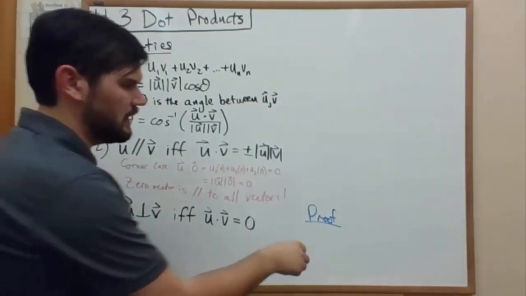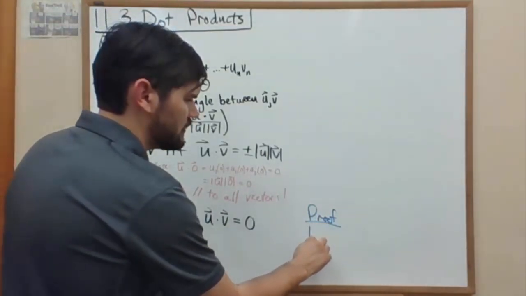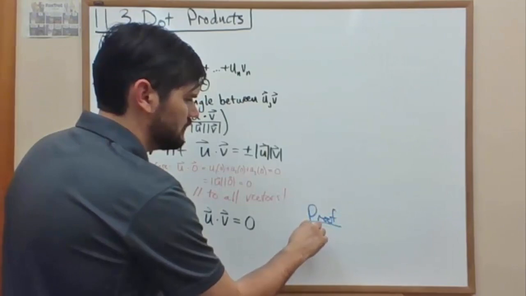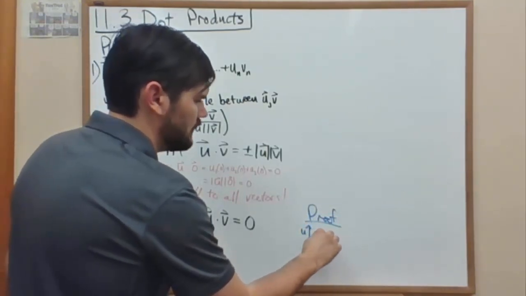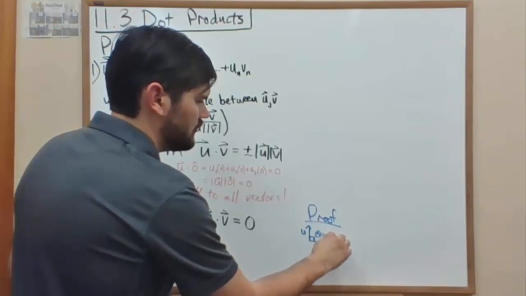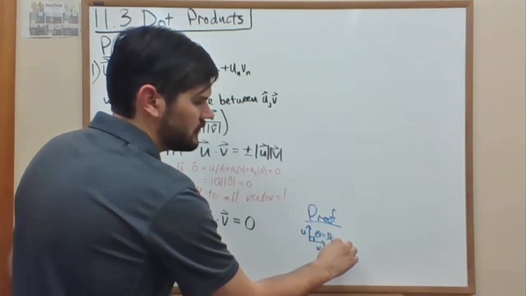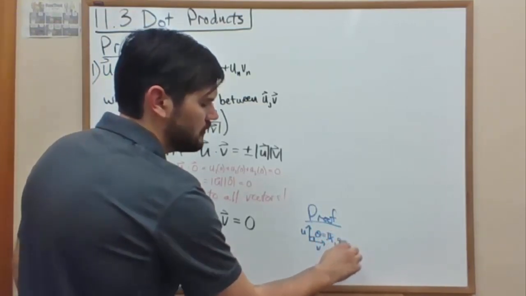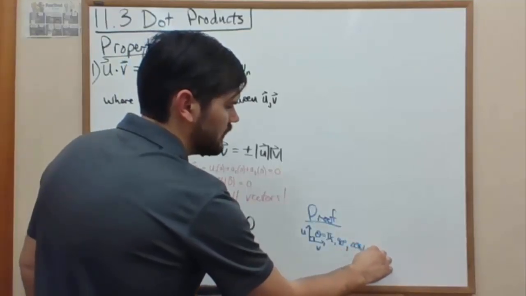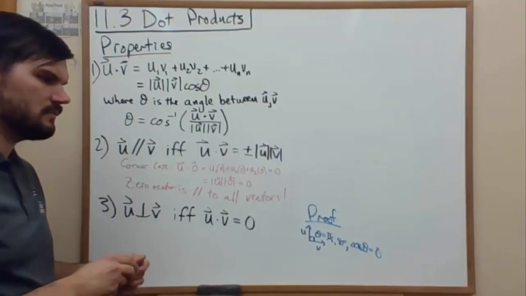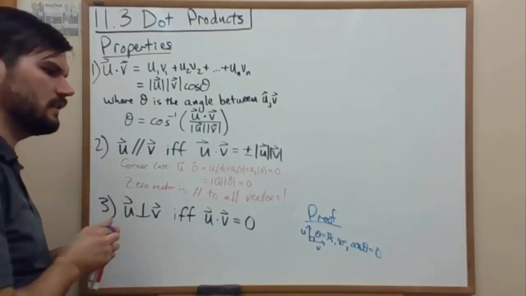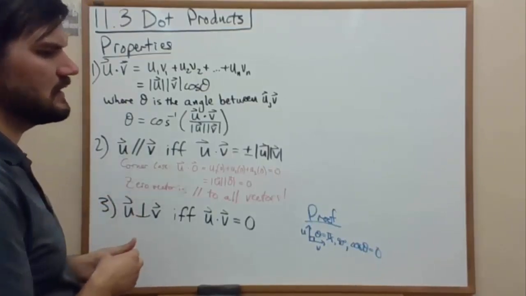Well, that simply means that if two vectors are perpendicular, here's U, here's your V, your angle is 90 degrees or pi over 2, then the cosine of that angle is 0. That's all this. Cosine of the angle is 0. The dot product is 0.